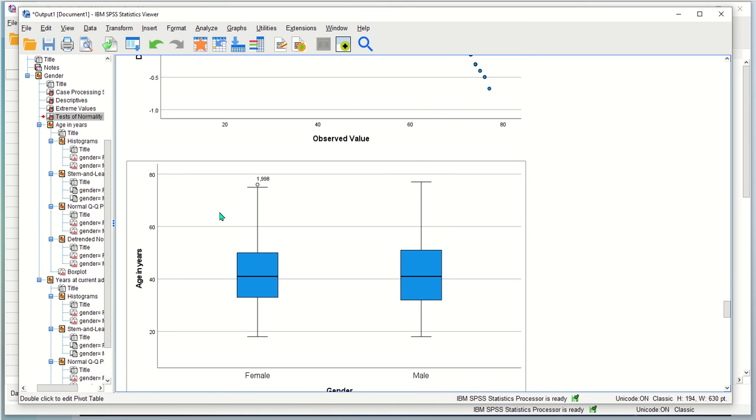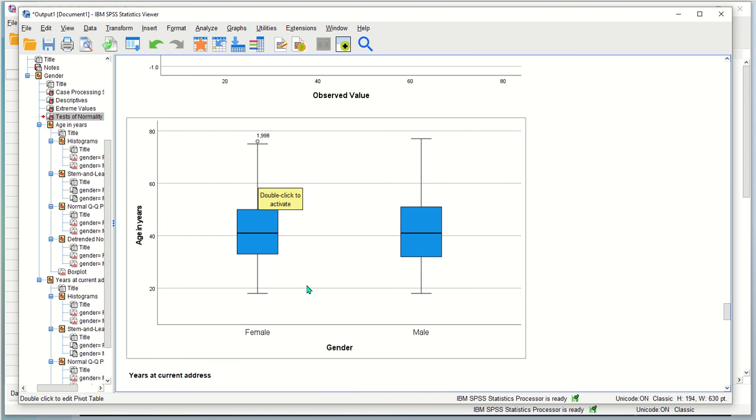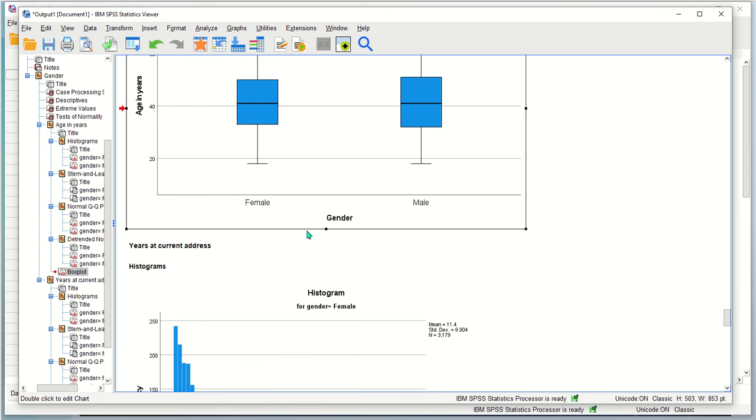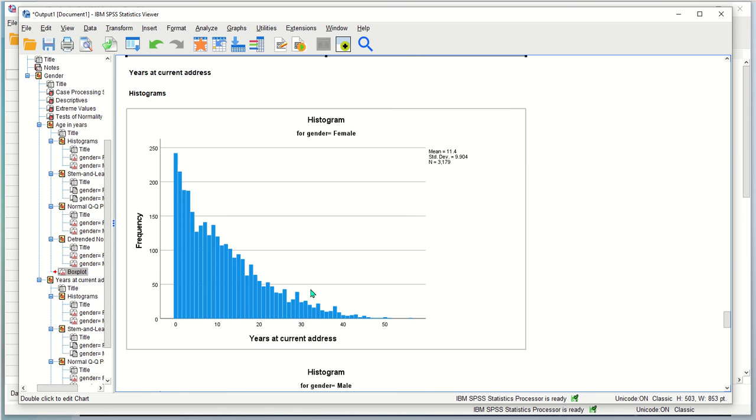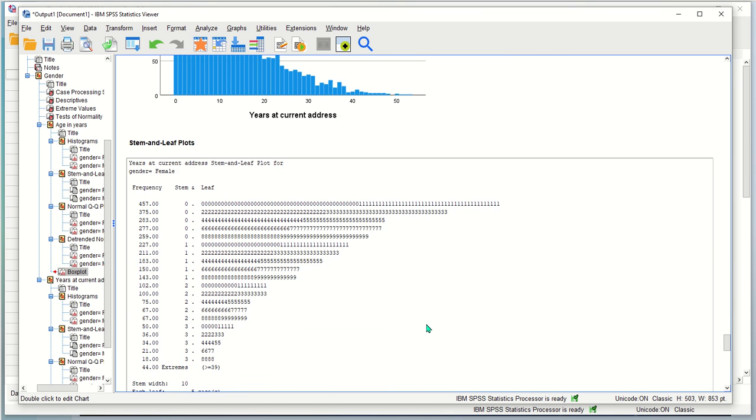And here you can see the box plots. Case 1998 seems to be an outlier for this age and gender here. And we can see that this one is certainly very skewed for the years at current address. More people have spent fewer years at their current address than those that have spent more years. Same with the males.